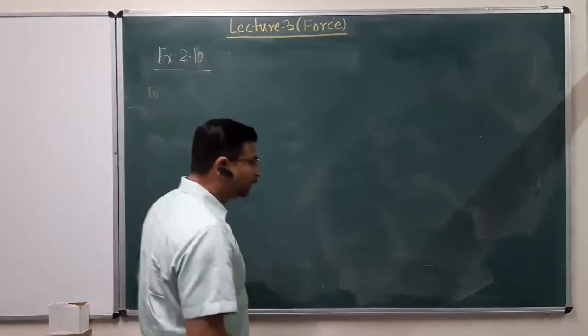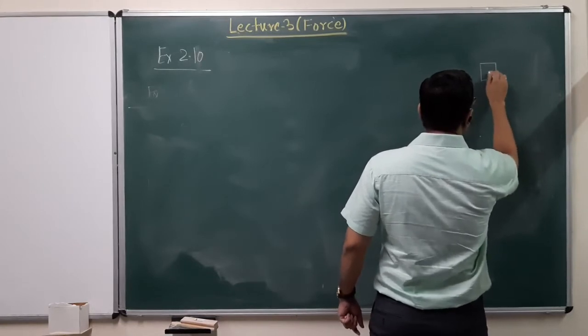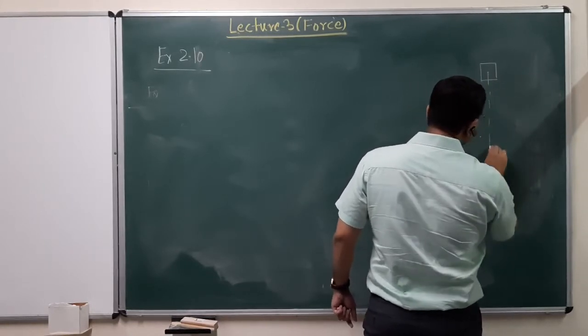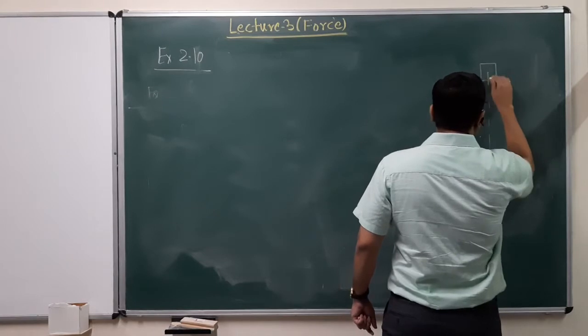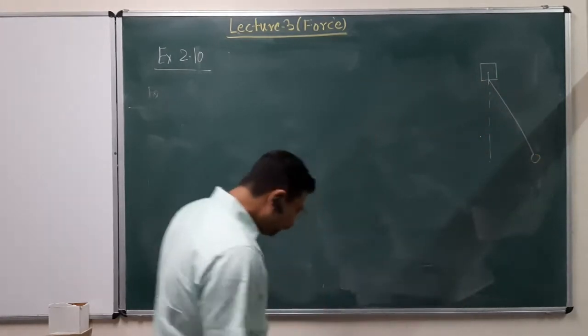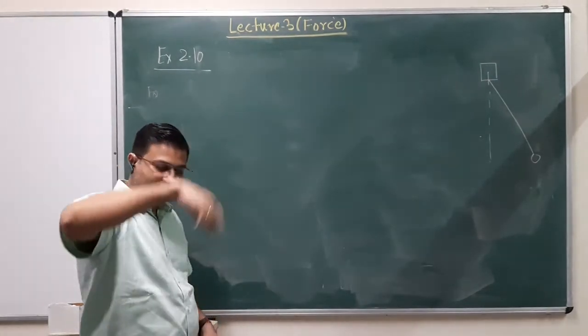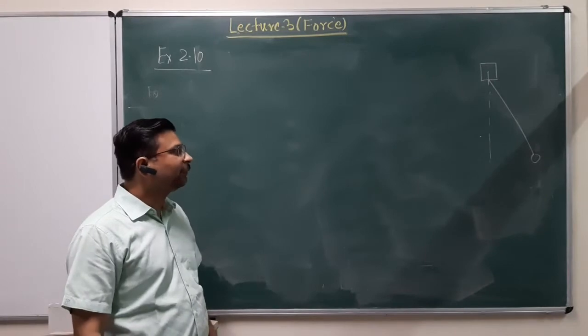And again, this is a fairly straightforward example. This is termed a conical pendulum. So what you have basically is a simple pendulum. However, the pendulum is not swung back and forth the way we normally do with a simple pendulum.